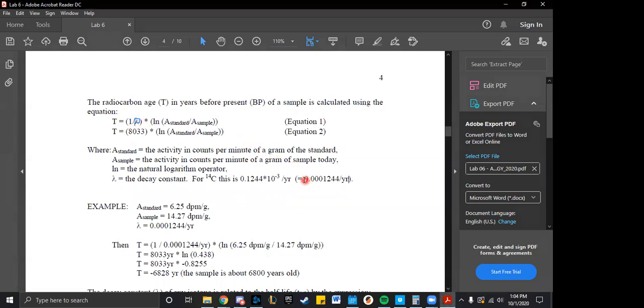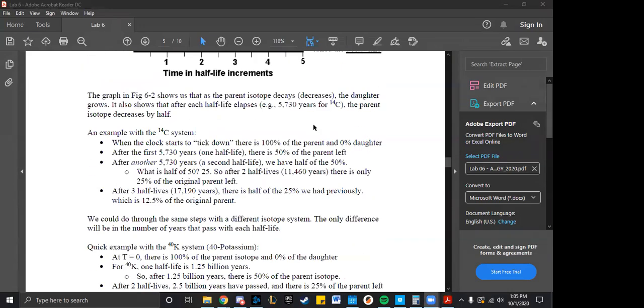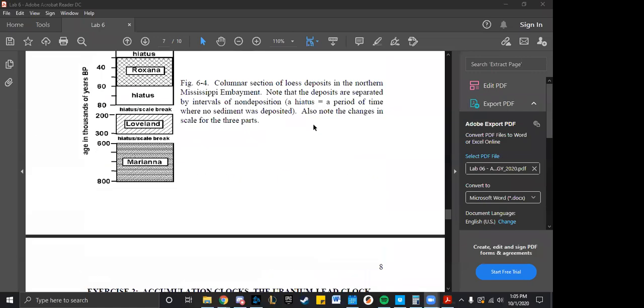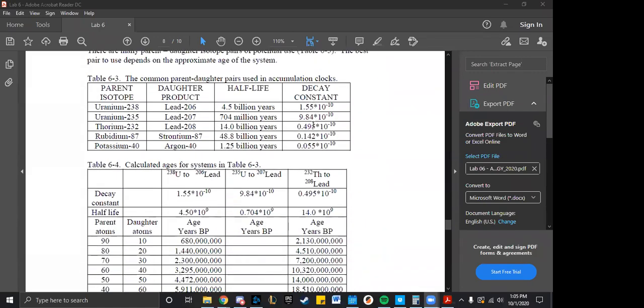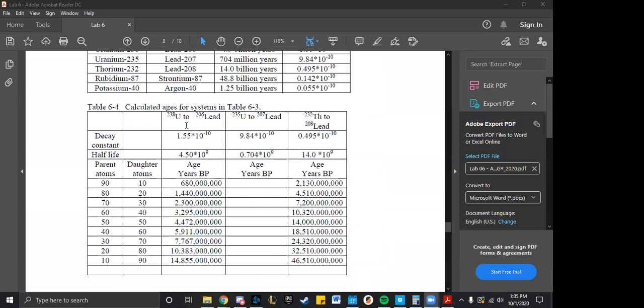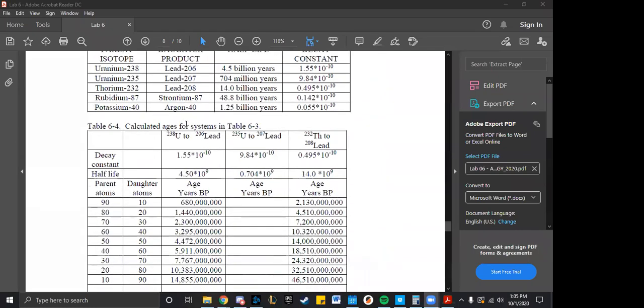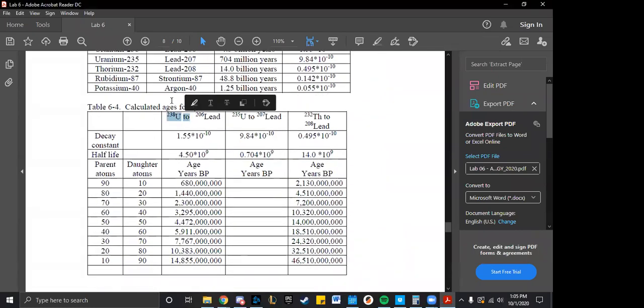So what formula are we using for table 6.4? Is it the same formula? Because I think I did that one and I didn't get the right answer. It didn't look right. Let's see. No, so instead of equation 1, we're actually going to use a different equation that is specific for uranium.